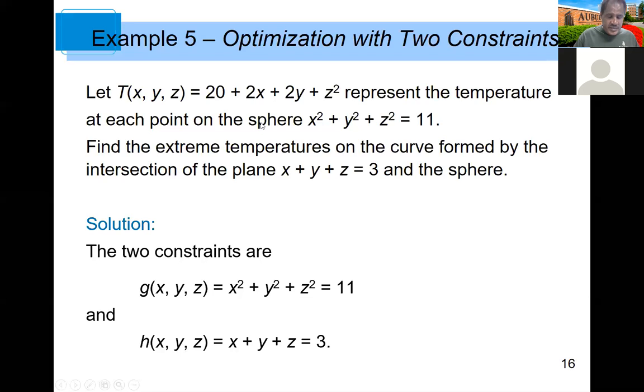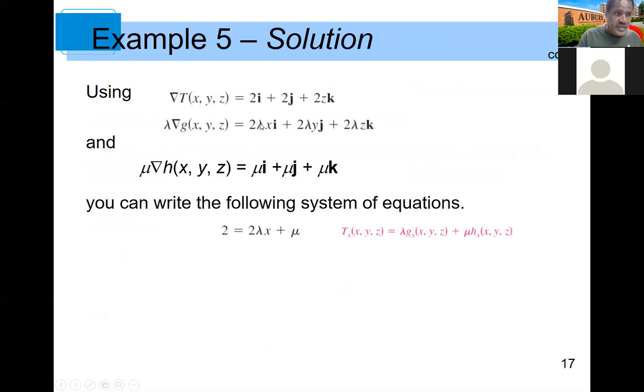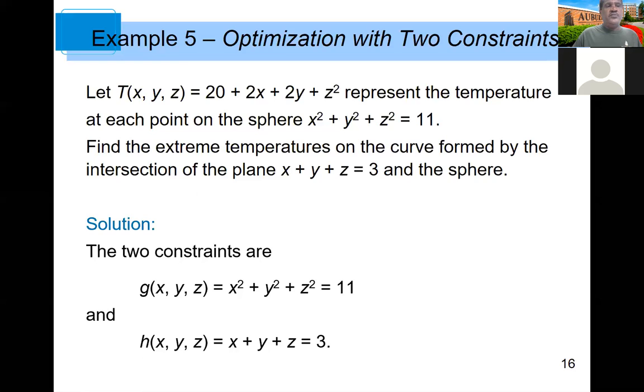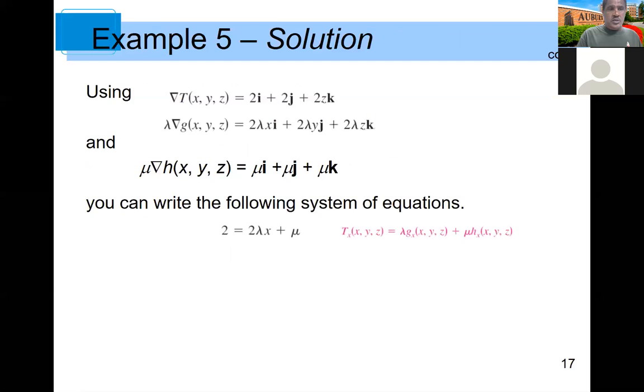Now you have to find del of T. If you go back, del of T is simply fx, which is 2, fy, which is 2, fz, which is 2z, right? So del of T of x, y, z is 2i plus 2j plus 2zk, okay?